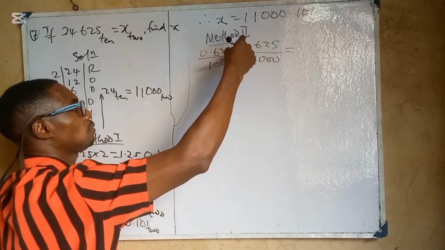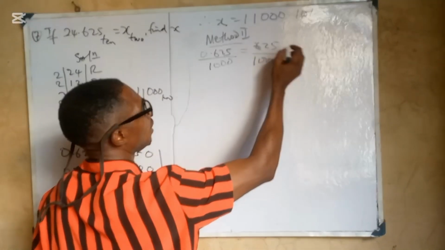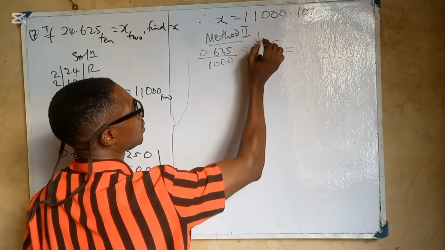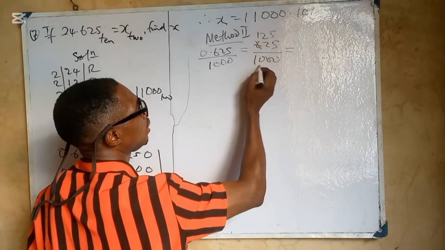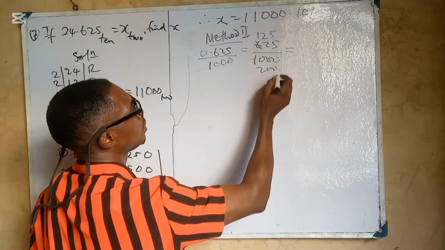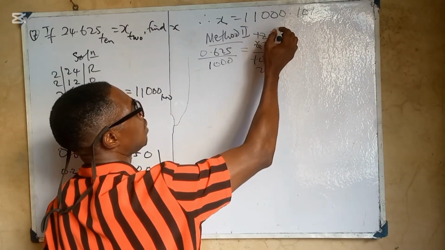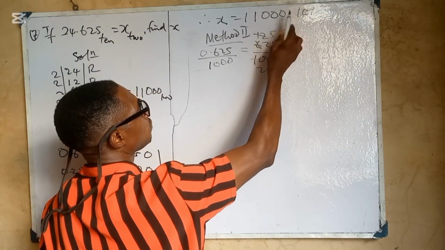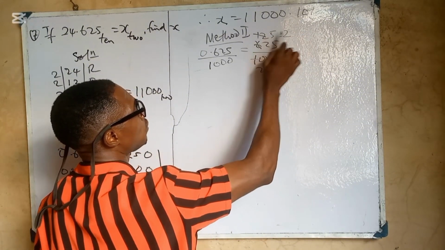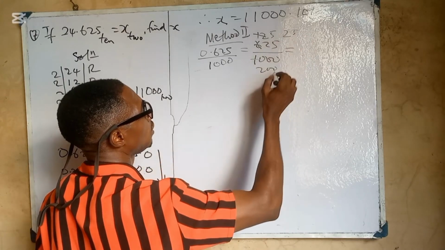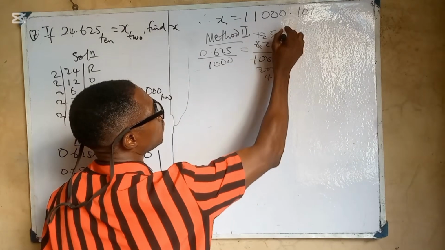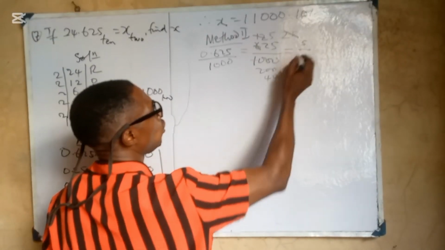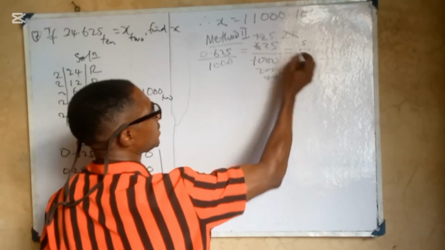Reduce the fraction down. Let's start with 5. Dividing by 5 repeatedly, we get 5 over 8.